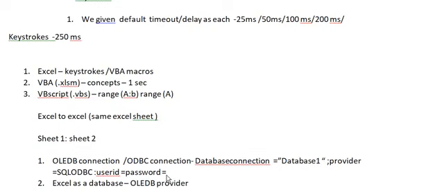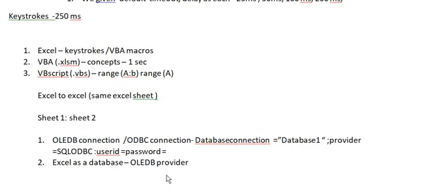The same connection string you can use as for SQL, but instead of the provider SQL ODBC, you can use Excel 12.0 or 13.0 OLEDB. That's all. Simply change the connection string and you can use your OLEDB connector.